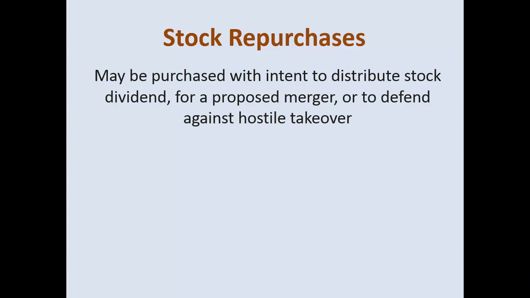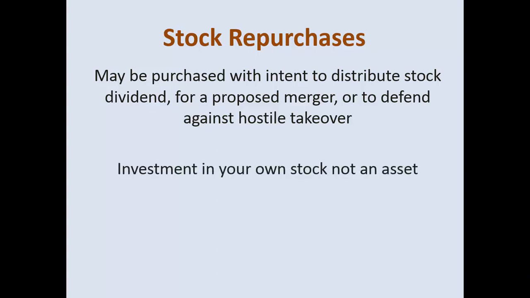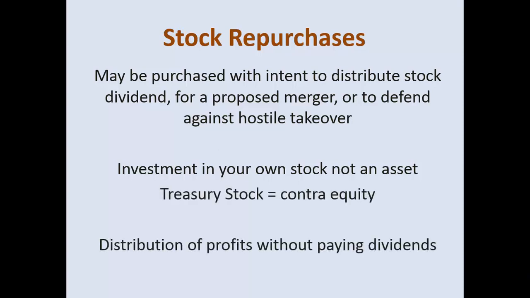It may be purchased with the intent to distribute stock dividends or for a proposed merger or perhaps to defend against a hostile takeover. But the key to remember when you invest in your own stock, it's not an asset. It's not an investment account. It is a contra equity, and there's a reason for that.